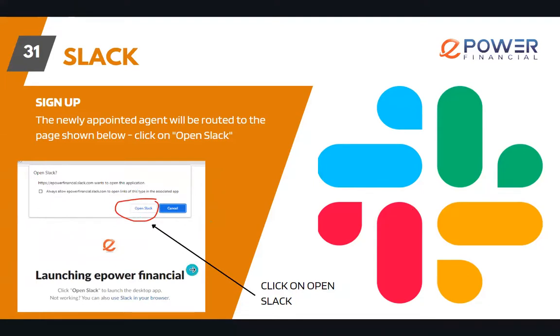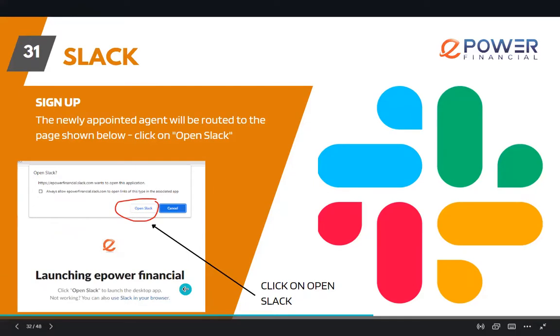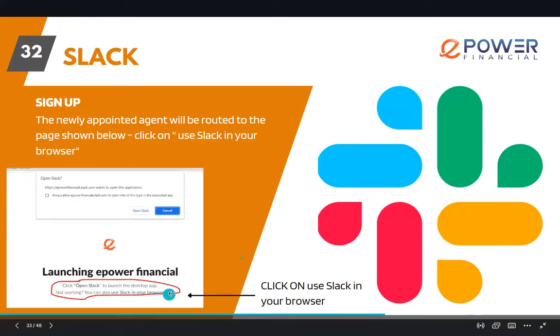But if you did not download the app on your laptop or computer, you can use Slack in your browser. Just click down here, this one. The downside is you won't get notifications unless you open the Slack website on your browser.